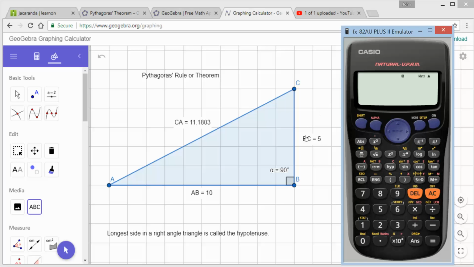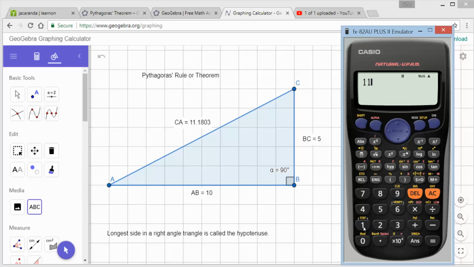What if you want to work out the side BC, which is 5 here? Well, essentially BC squared, so 5 squared plus 10 squared should equal 11.18 squared. So let's imagine we don't know BC, but if you go BC squared plus 10 squared, which we know is 100, that should equal 11.18 squared.